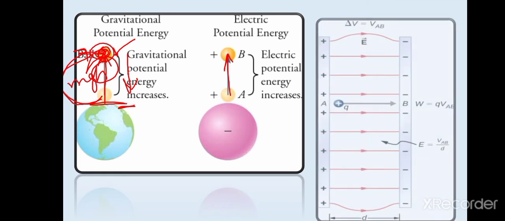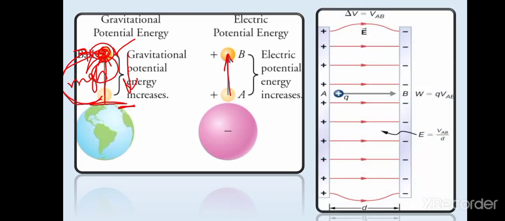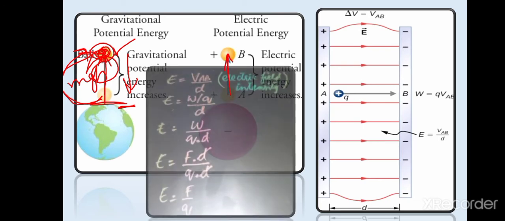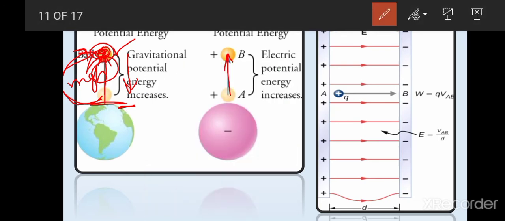Same in the case of this example. You can see that we are having a positively charged side and a negatively charged side. The electric field lines are drawn like this, and a positive test charge q is here, which is moving in this direction. Suppose it is moving from point A to point B, then what will be the potential energy?